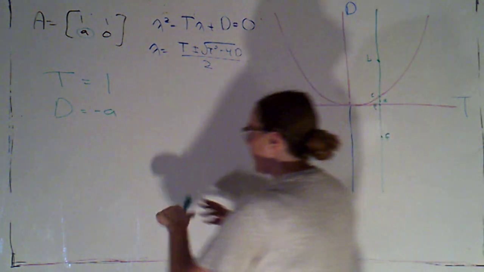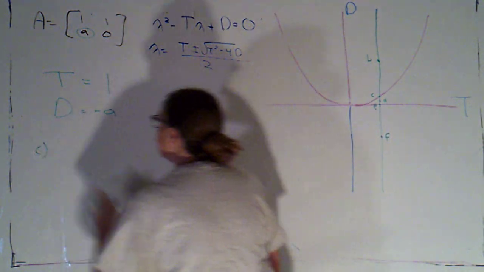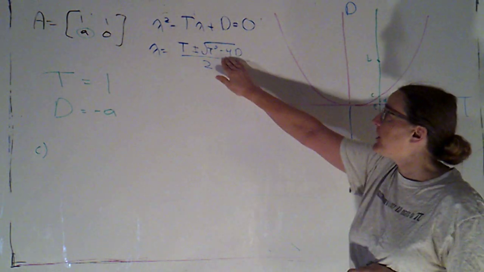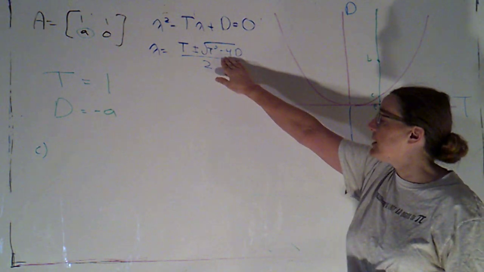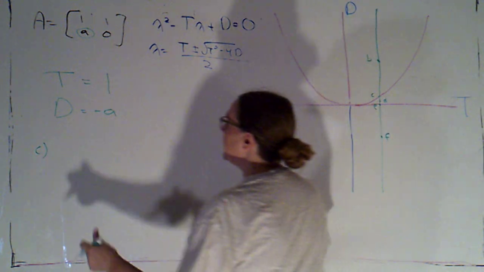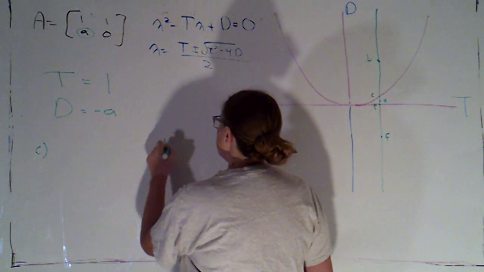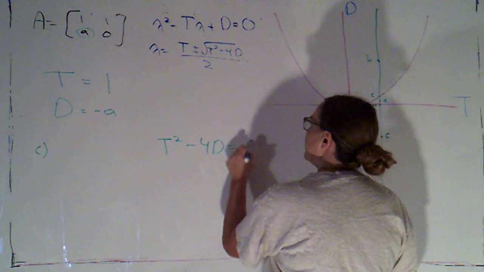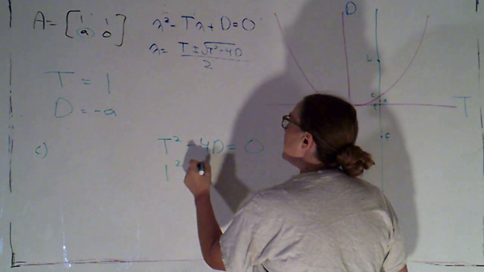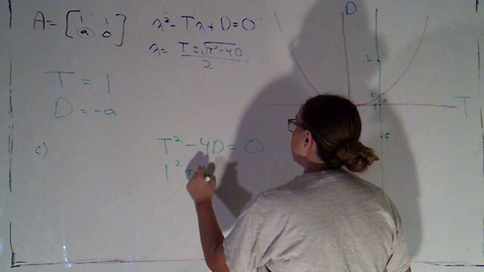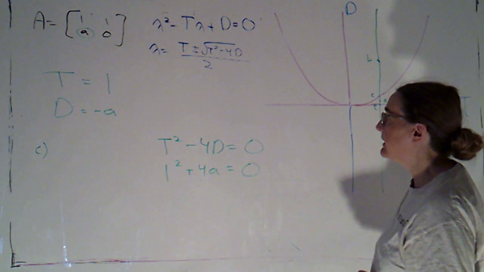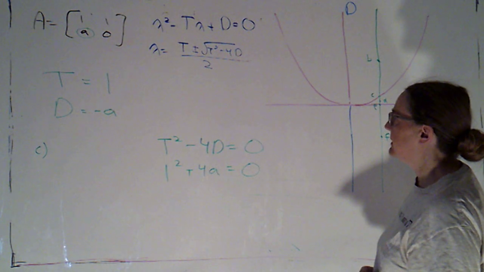Okay, so if we're at point C, I know that we are on this parabola, but the parabola is where this discriminant here, t squared minus 4d, is equal to 0. So I know that t squared minus 4d equals 0, but that's 1 squared minus, actually plus 4a is going to equal 0.